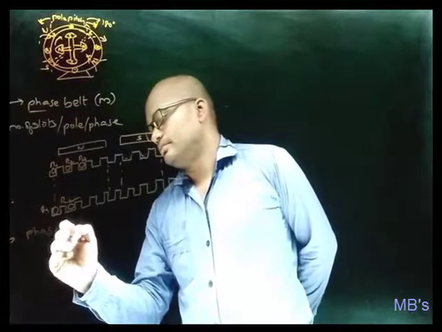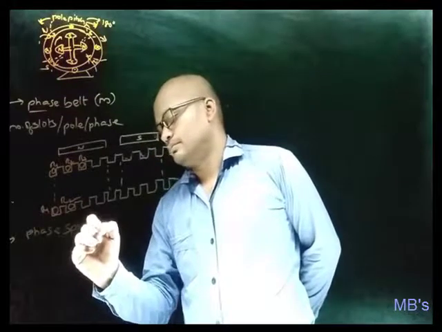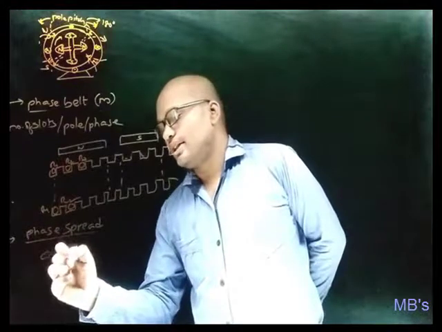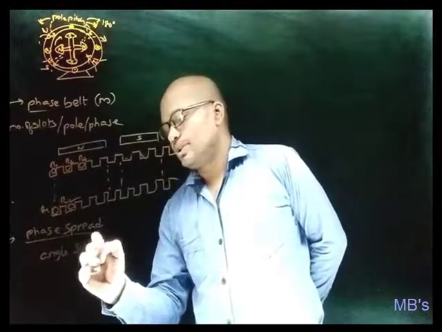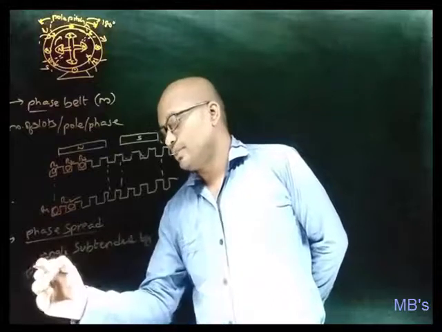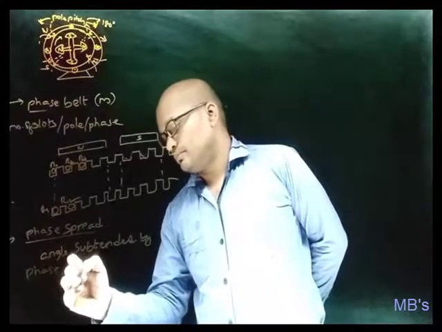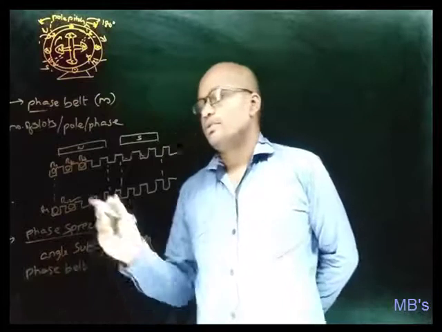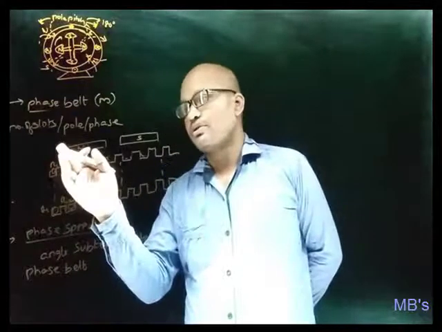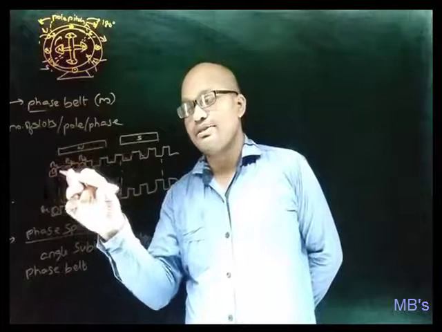Next, phase spread. Phase spread is defined as the angle subtended by the phase belt. Here M is 3, which means the number of slots per pole per phase, that is, the phase belt is 3.